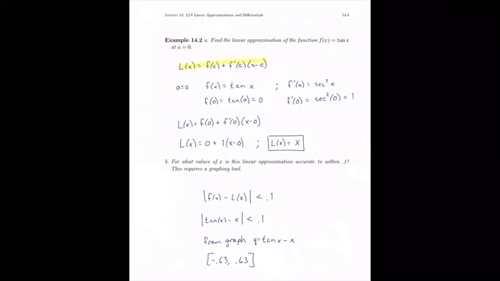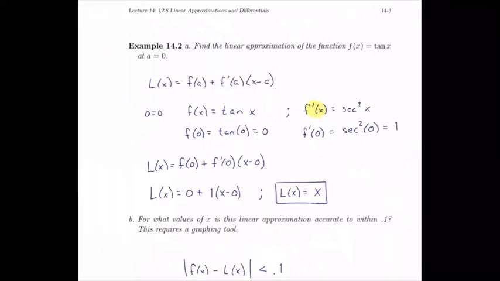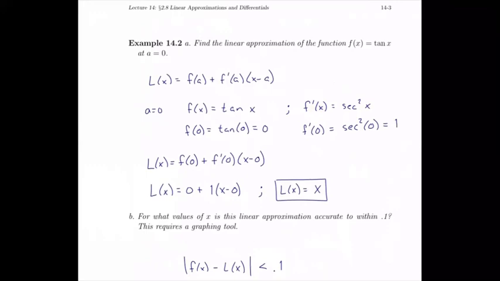So same formula, and we're going to need f prime of our function f of x here, and we're going to need to evaluate it at a equals 0. So f of x is tangent x, so the derivative of f is secant squared x. Maybe a reminder, look that up in the book if you need to. And then f of 0, that's plugging in 0 for x.